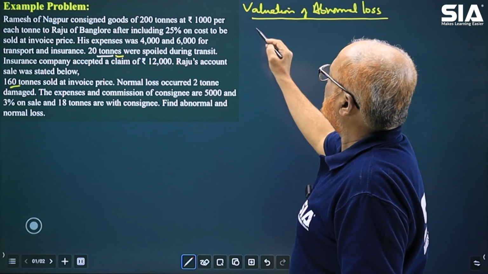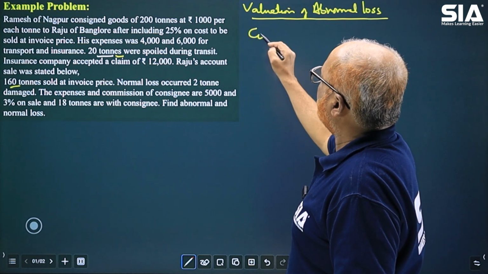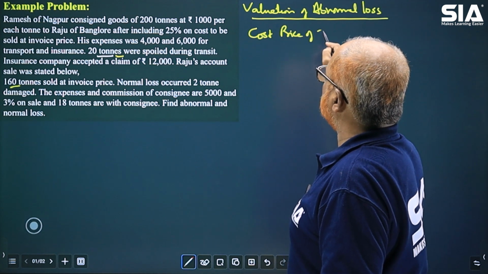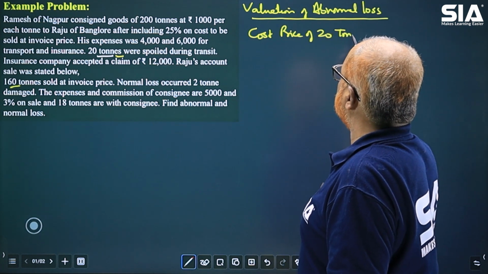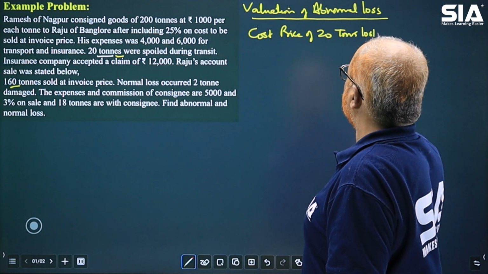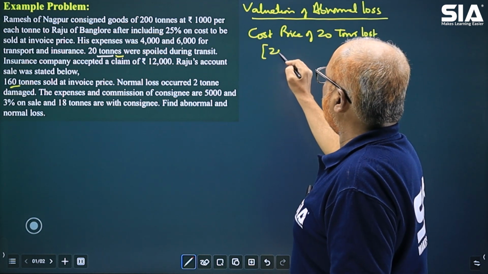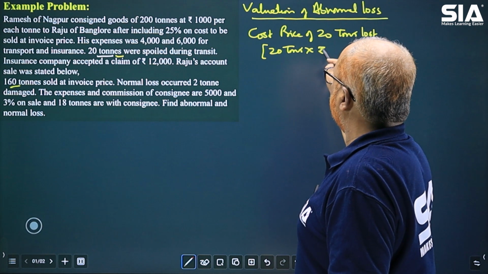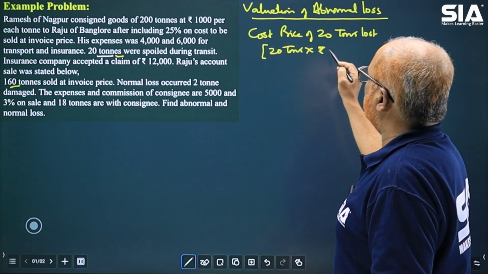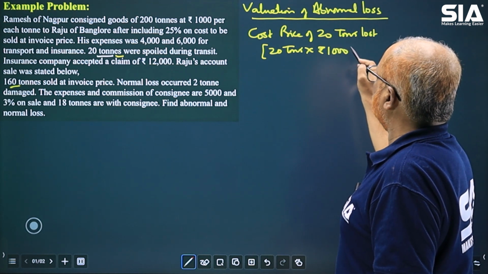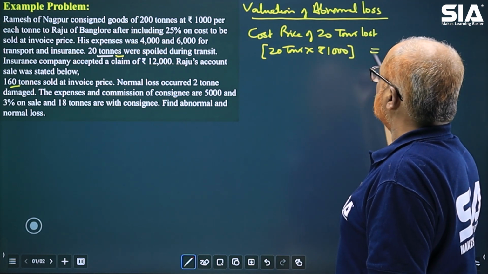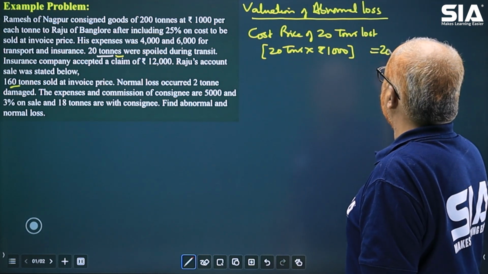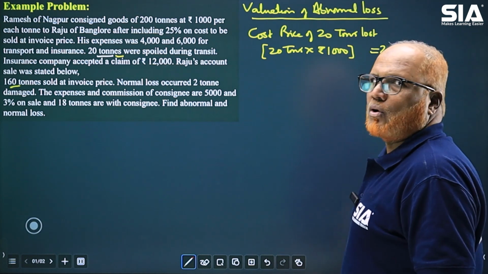So here, cost price of 20 tons lost. So 20 tons into what is the cost price per ton? The cost price per ton is 1,000. So 1,000 into 20 comes to 20,000. This is the cost price.